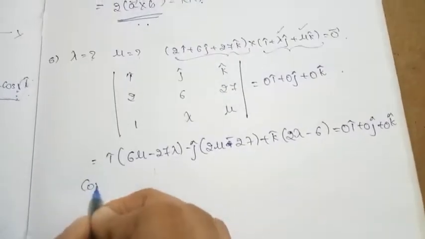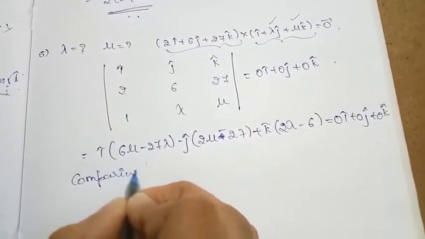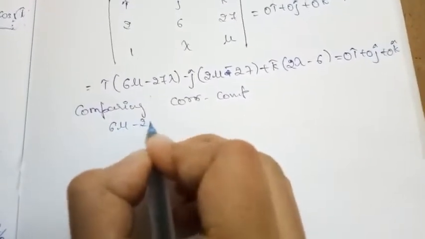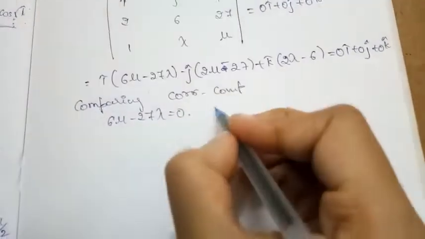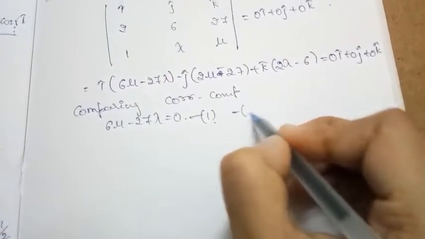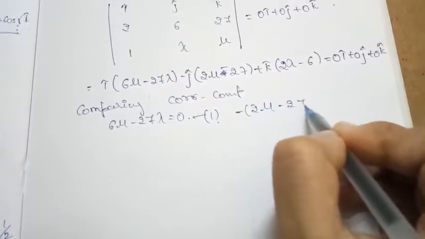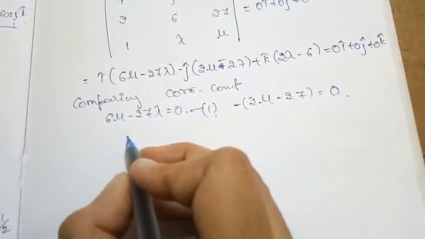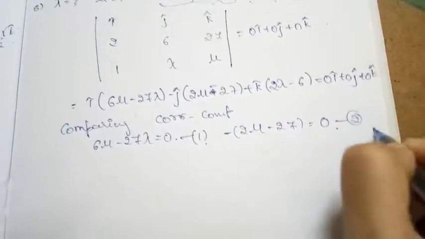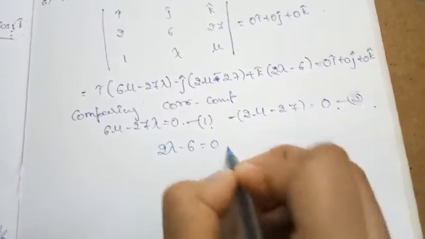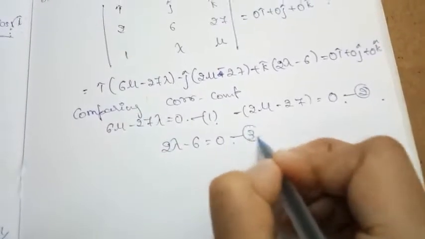So comparing the corresponding components, we can write 6 mu minus 27 lambda is equal to 0, calling it equation 1. Then minus (2 mu minus 27) is equal to 0, calling this one equation 2. The next is 2 lambda minus 6 is equal to 0, calling this one equation 3.